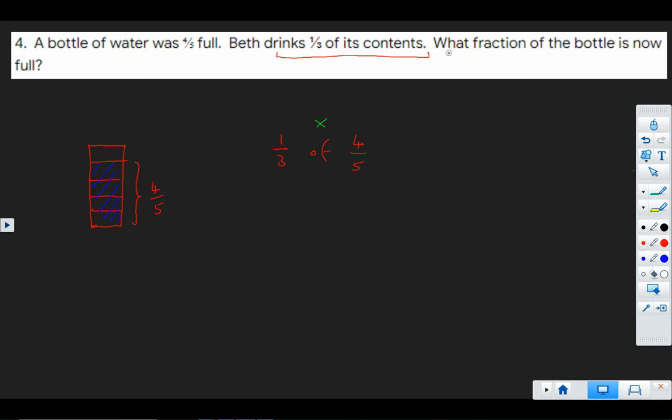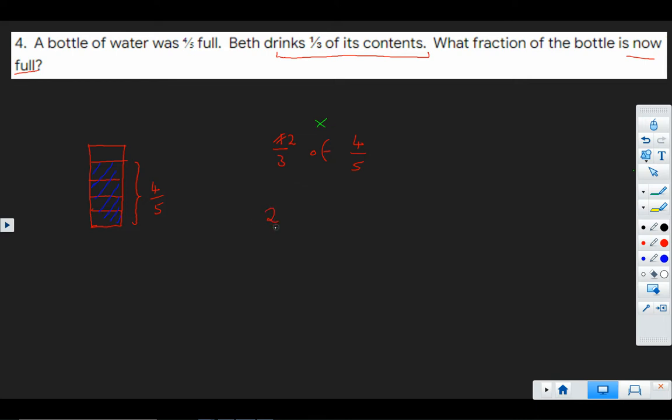We're asked what fraction of the bottle is now full. So we're not being asked how much we drank, we're being asked how much is left. So it isn't 1/3, but it's 2/3 is what's left.